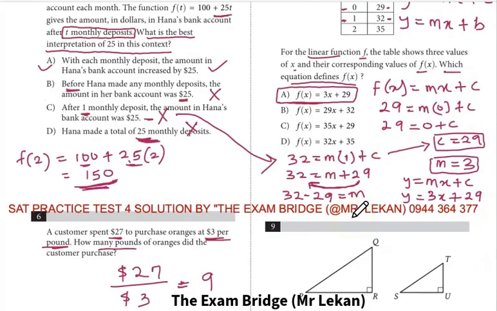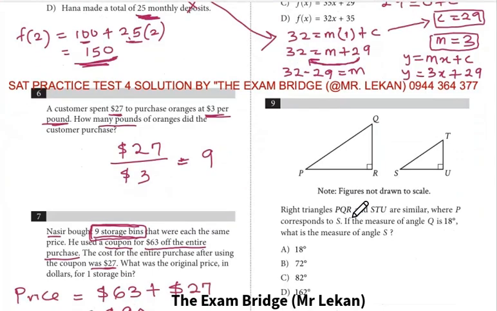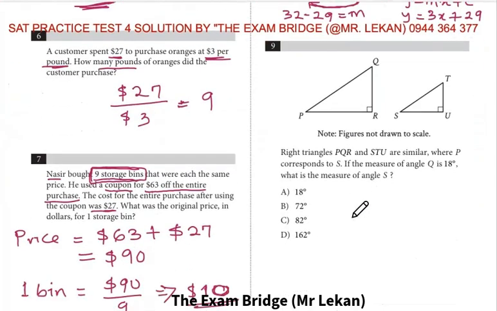Let's go to question number 9. This is similar shapes. Right triangles PQR and STU are similar, where P corresponds to S. If the measure of Q is 18 degrees, what is the measure of angle S?